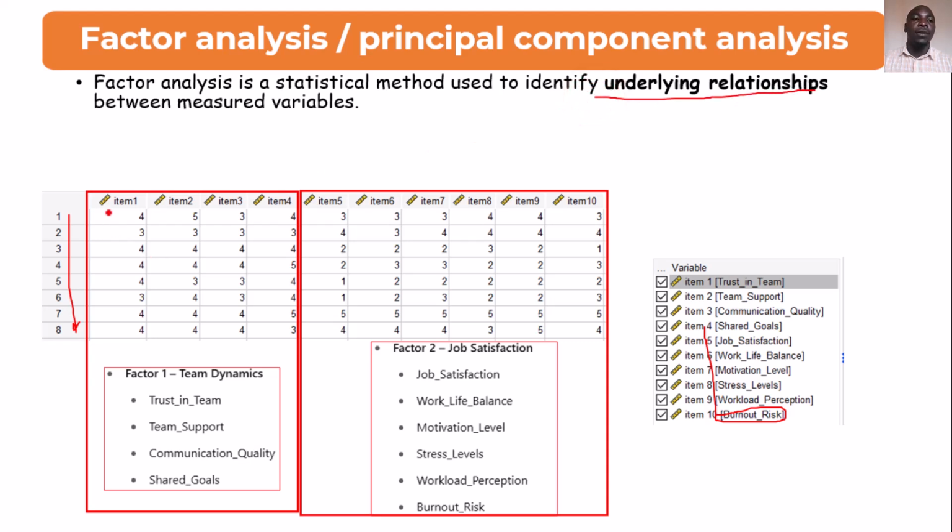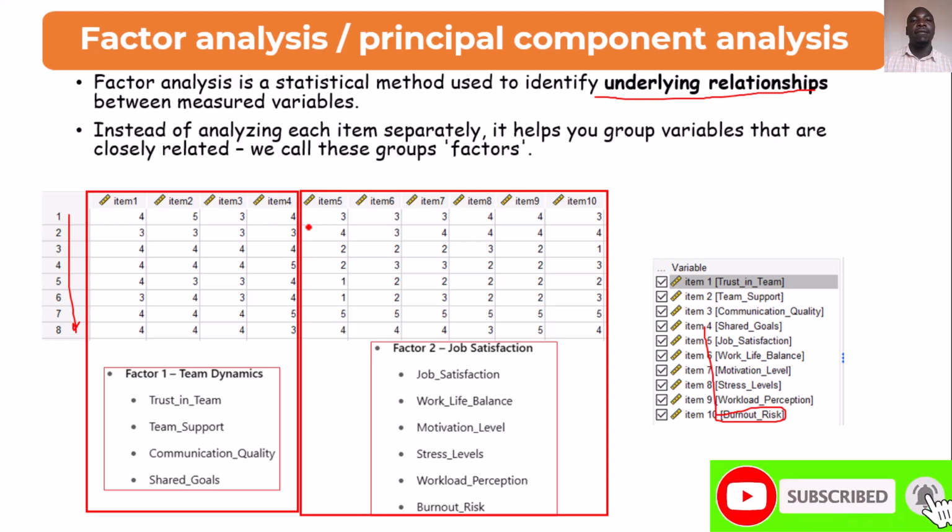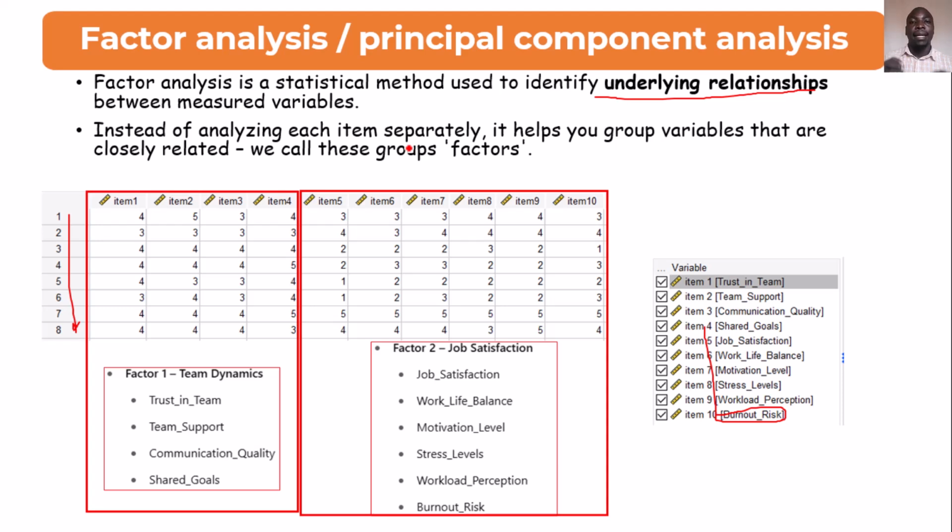When we do it, we know that variables 1, 2, 3, and 4 are related in some way, and they describe a factor or a construct called team dynamics. Otherwise, we would not be able to know. And we also said that instead of analyzing each item separately, it helps us to group those variables that are closely related into groups called factors. So that is the purpose of factor analysis.